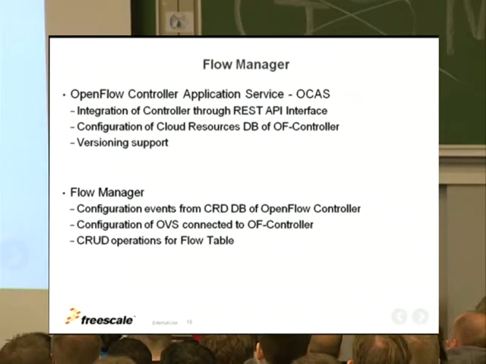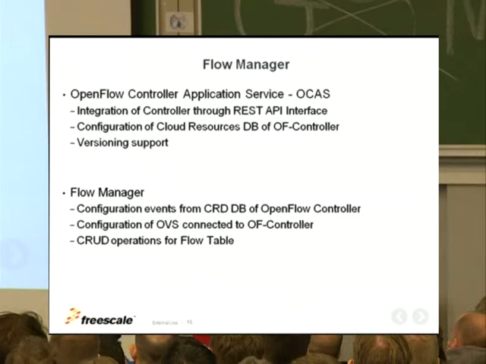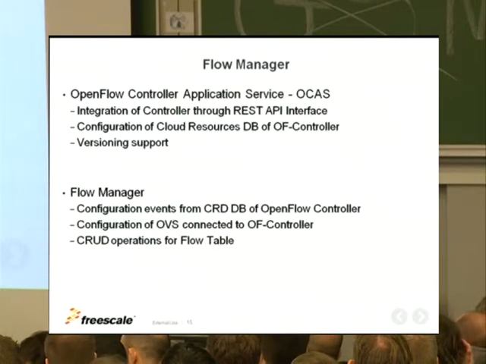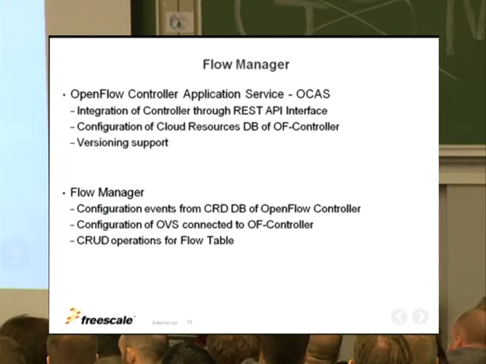So this is another component, the Flow Manager. The Flow Manager application and the OpenFlow controller application service have a REST API interface to capture the data and configure the OpenFlow controller. The configuration of cloud resources, whatever data is captured from Nova and Neutron through the cloud resource data, can be configured into the OpenFlow controller.